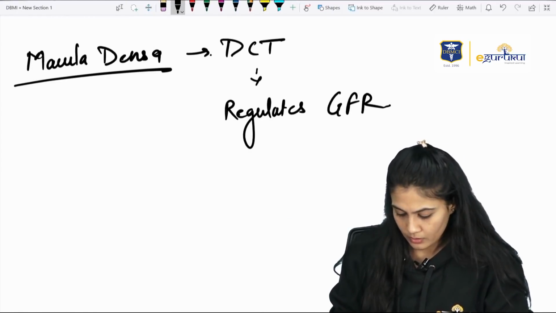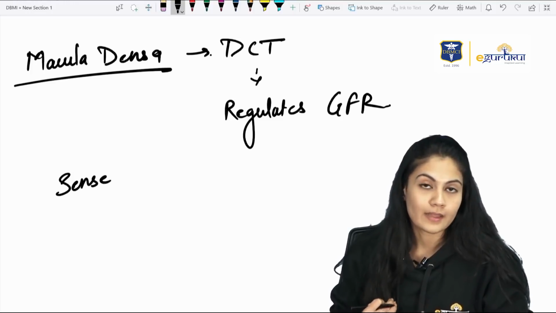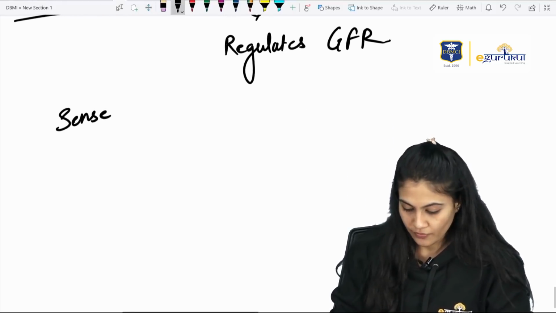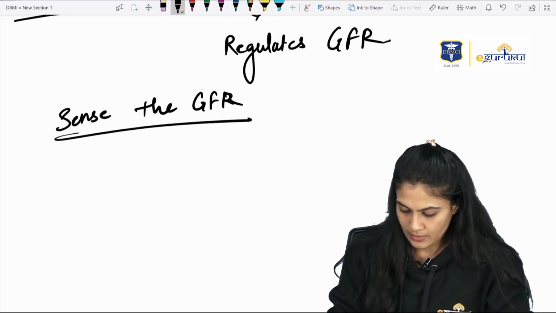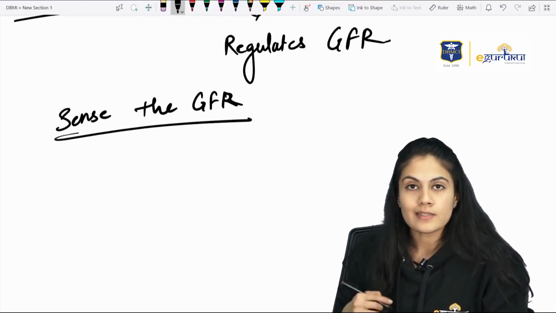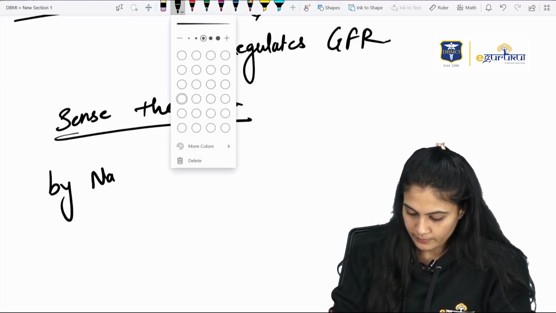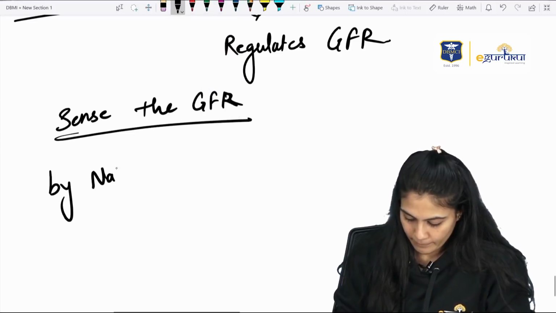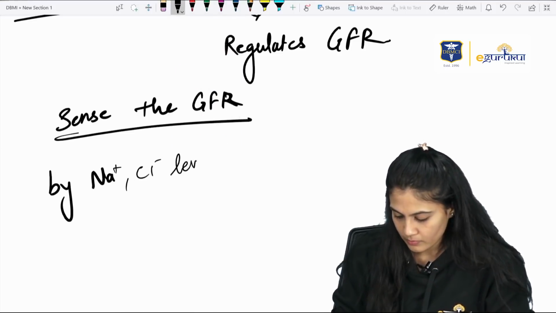How? They have a specific property that they sense the GFR. How do they sense the GFR? They actually sense the GFR by sodium and chloride levels.